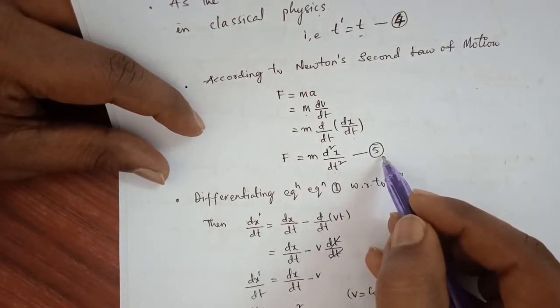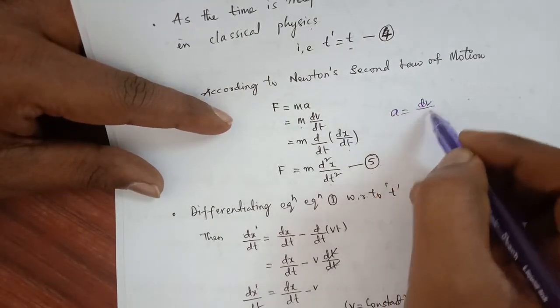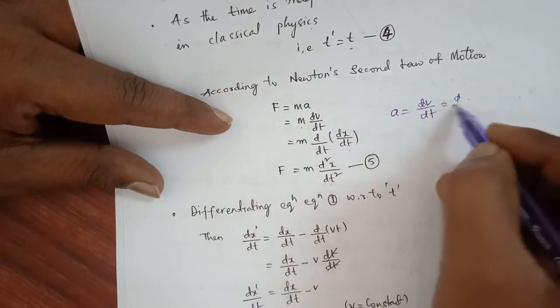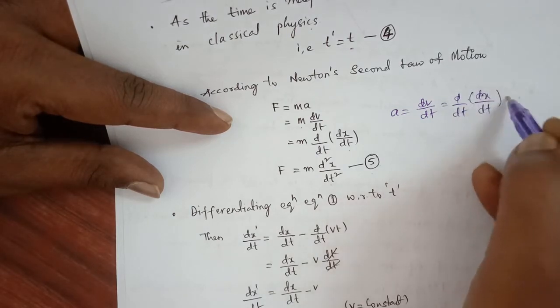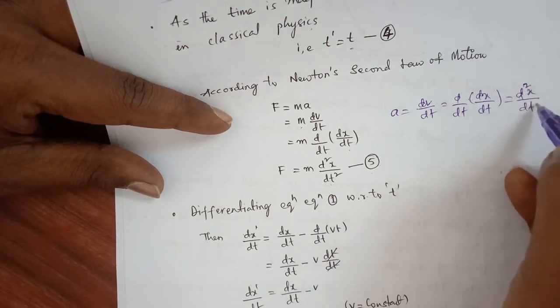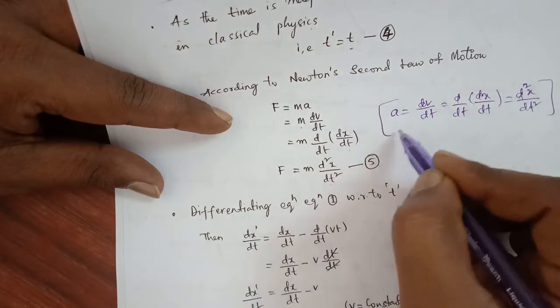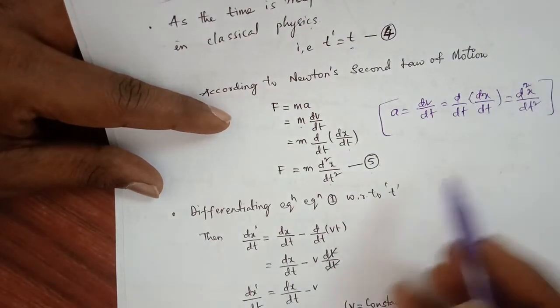Let us consider this as equation 5. How can we write this? a is velocity per time, d by dt, velocity is equal to dx by dt, and that we can write as d square x by dt square. Acceleration we can write as d square x by dt square.